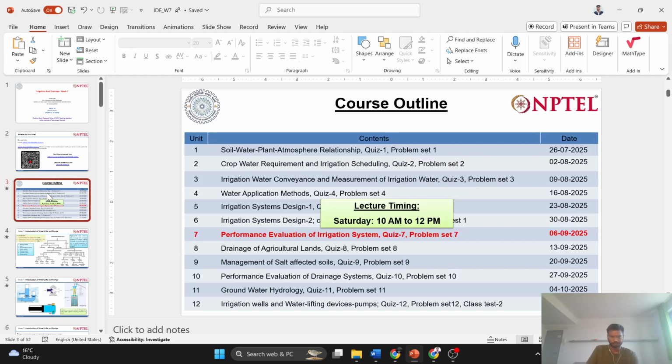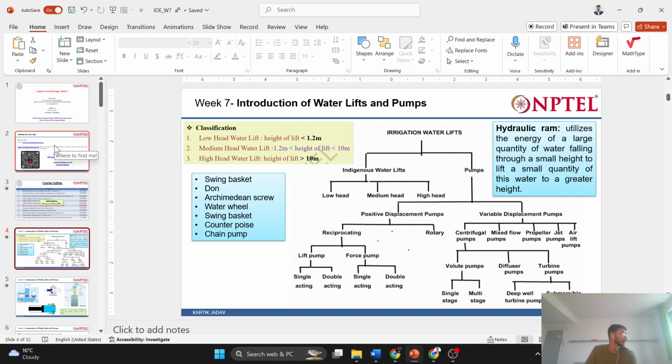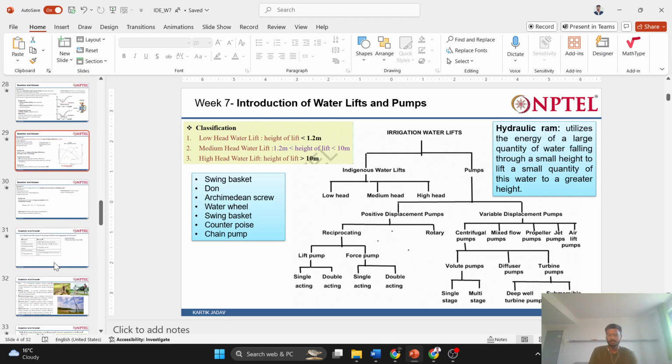Basically in this lecture we have covered pumps, the water lifting devices. There are various kinds of water lifting devices, whether manually operated, animal operated, or pump operated, where power is obtained from electric or any mechanical device. Then we talked more specifically on positive displacement pumps and variable displacement pumps, and in that we focused on the centrifugal pump.